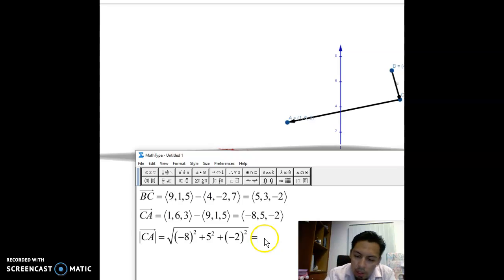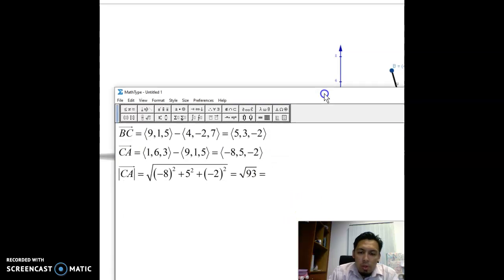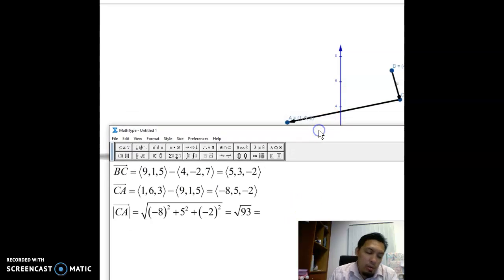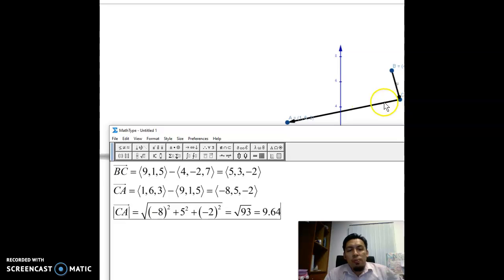Okay, so the length is square root of 93. If you want to treat it as a final answer, we can also just calculate it and you'll get 9.64. Alright, so basically this is the length, 9.64. As for now, we don't know what the scale is yet because we don't really have an applied equation.